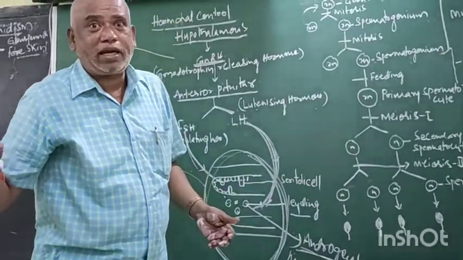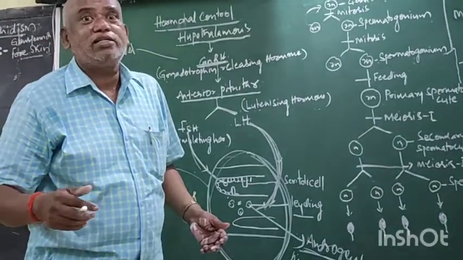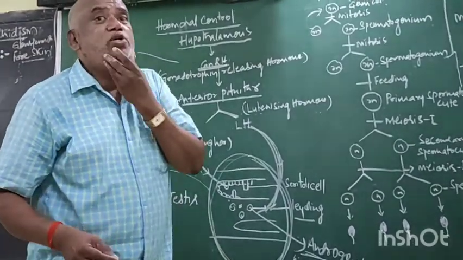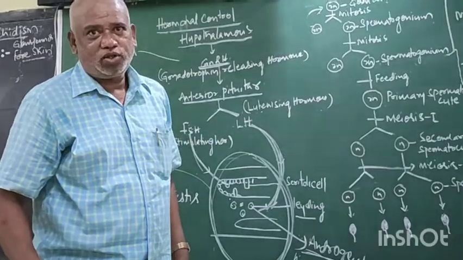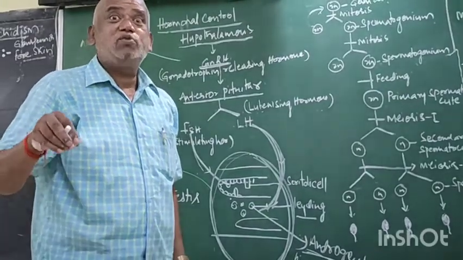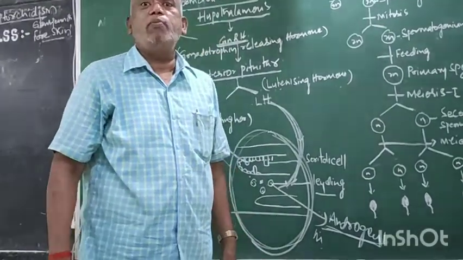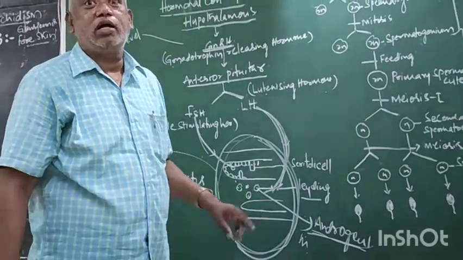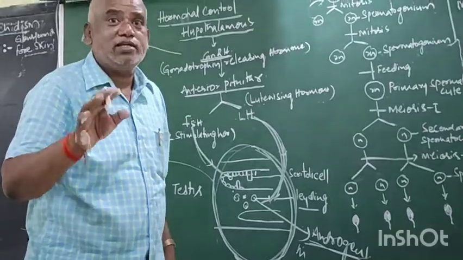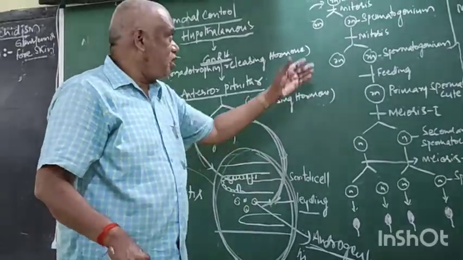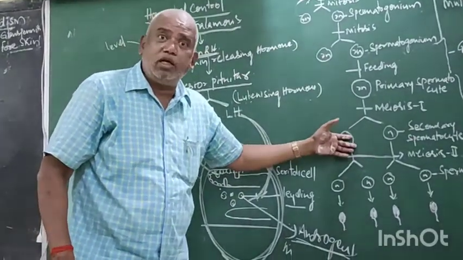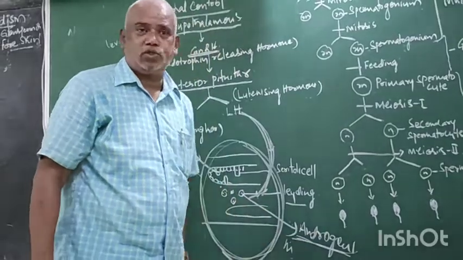Secondary sexual characters include formation of beard and mustache. Growth of the penis and epididymis are secondary sex organs. Secondary sex organs, secondary sexual characters, and spermatogenesis: these three are under the control of androgens.